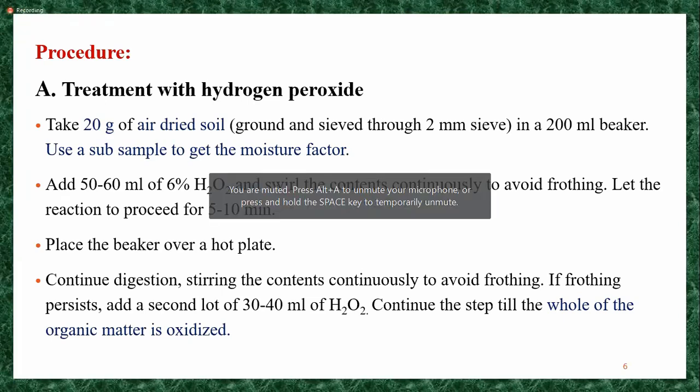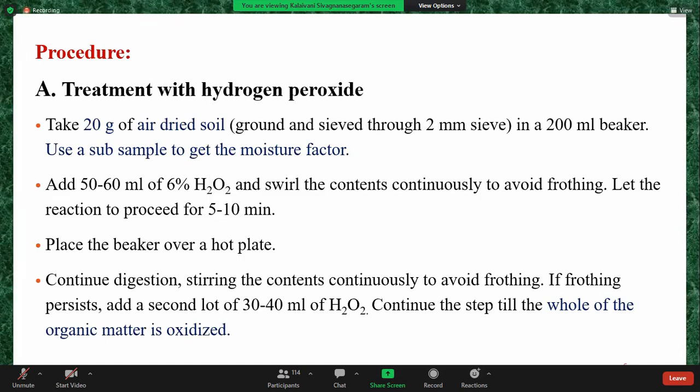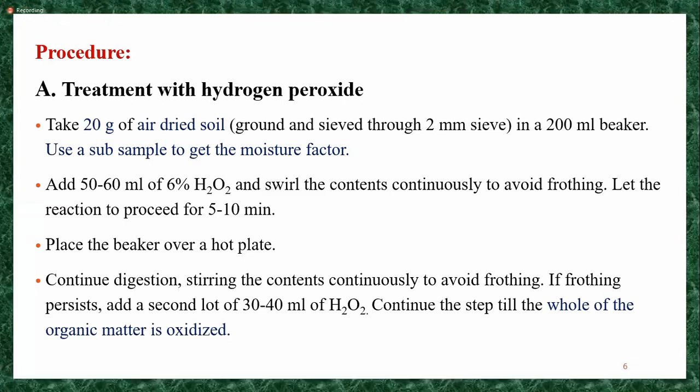For that we have to add around 50 or 60 milliliter of hydrogen peroxide to the soil. You have to take around 20 gram of soil. You all know you have to sieve the soil in a 2 millimeter sieve, and then add around 50 to 60 milliliter of 6% hydrogen peroxide.